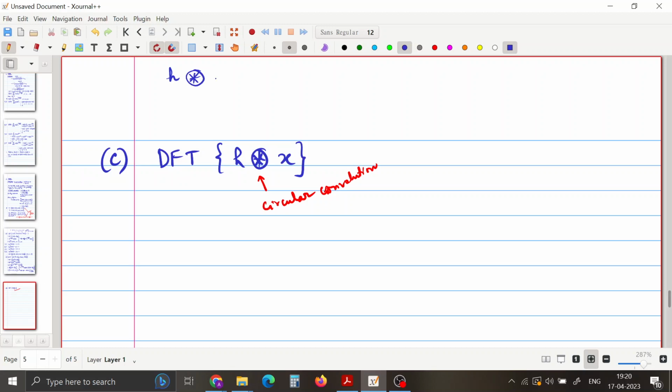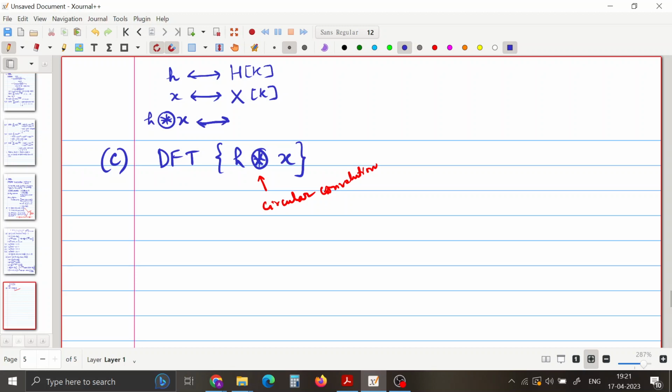So you know h has this DFT, capital H, and x has this DFT, capital X. What about the DFT of this circular convolution of small h and small x?